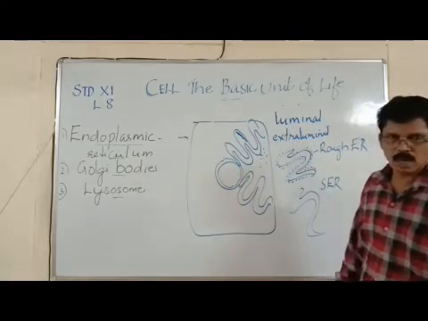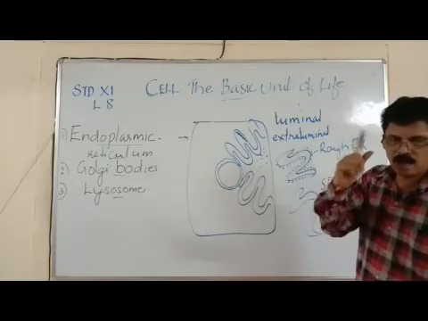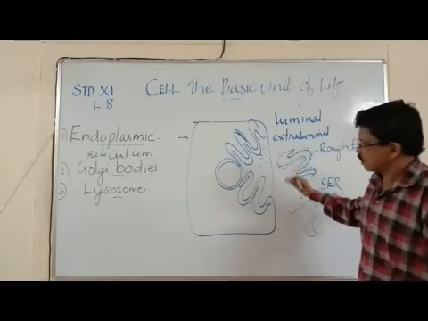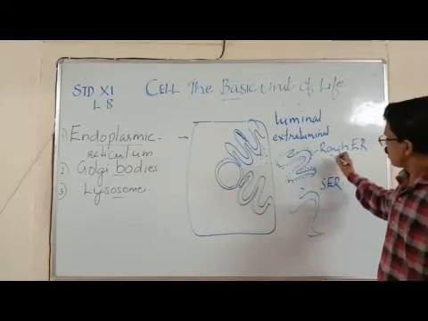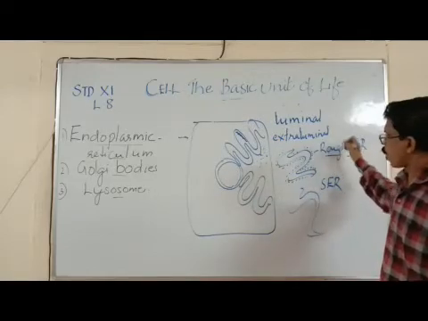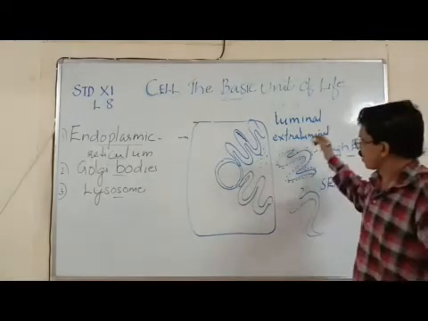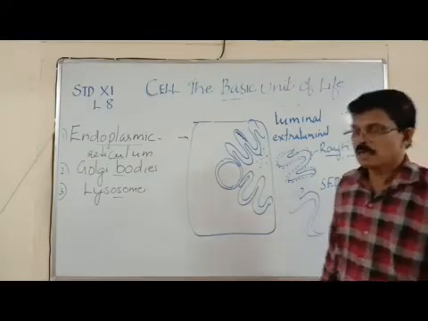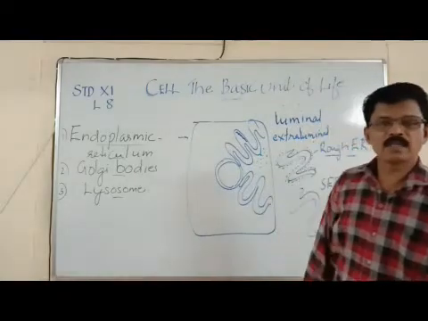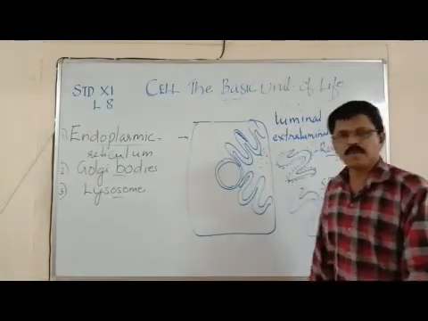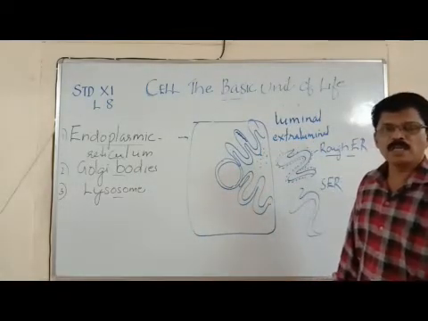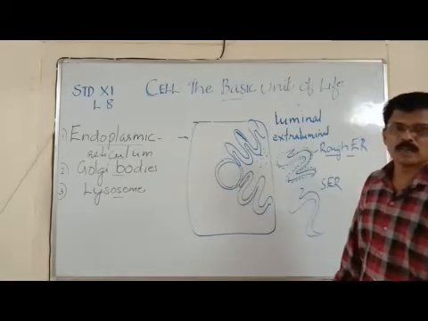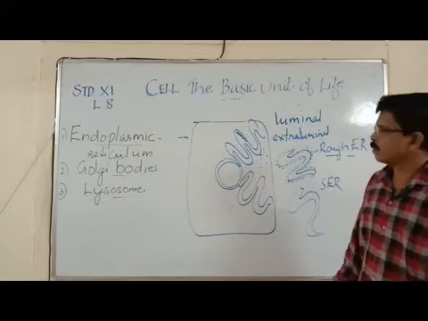So intracellular and extracellular transportation is the first function. Second function, the presence of ribosomes, that is, the rough endoplasmic reticulum, helps in protein synthesis. Third function, the endoplasmic reticulum also helps in the synthesis of glycolipids, glycoproteins and many steroid hormones.